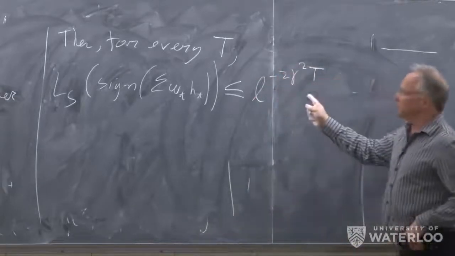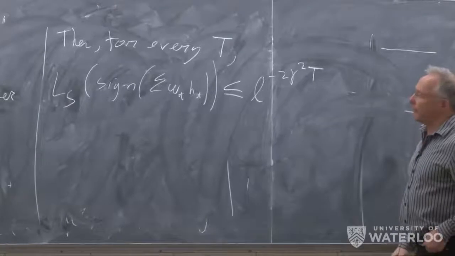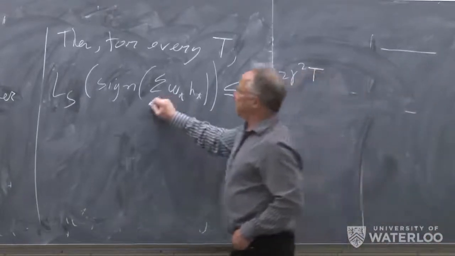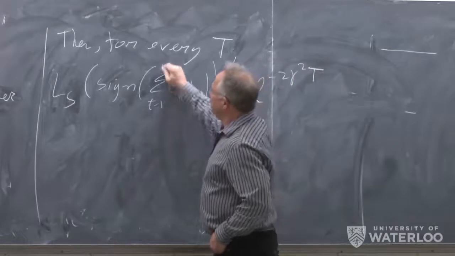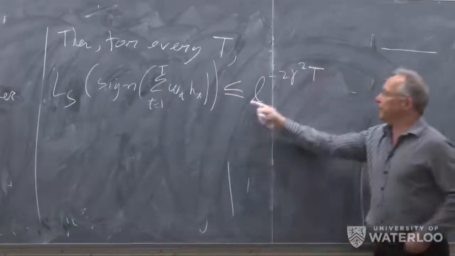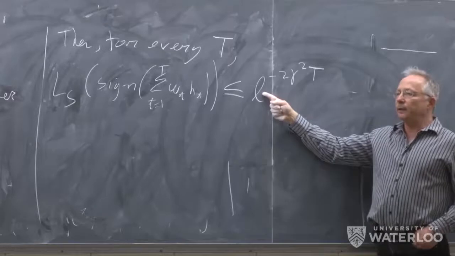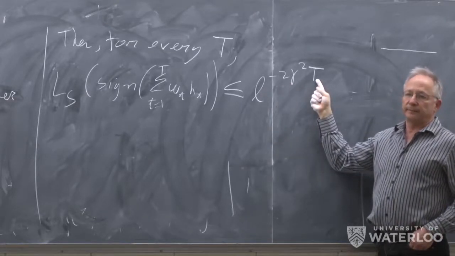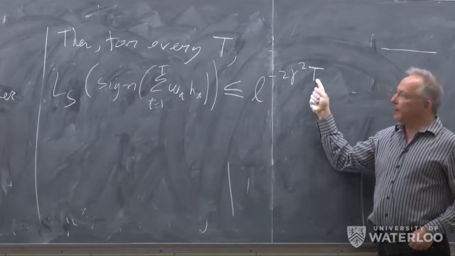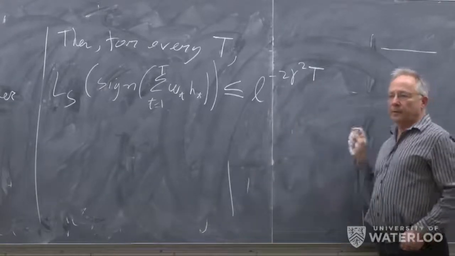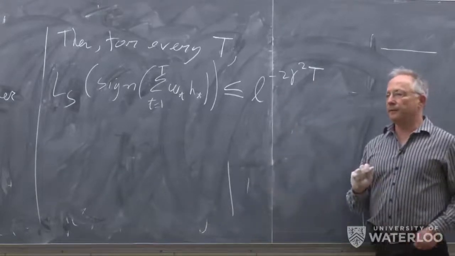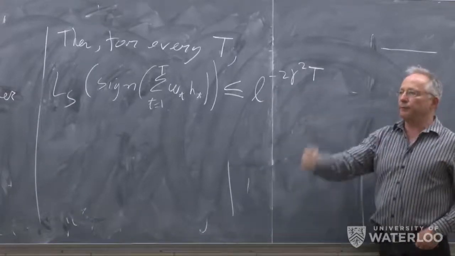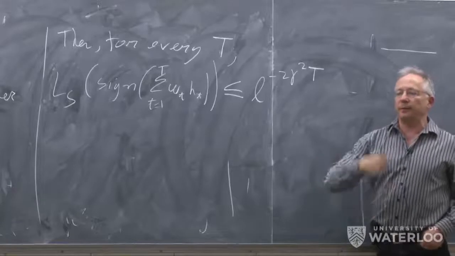So let us just look at this formula, and I think we're running out of time. What this formula tells me is that if I run for t iterations, my empirical error goes down exponentially fast with t. So the empirical error of this combination zooms down to 0 very fast. With every new iteration, it gets smaller and smaller and smaller.